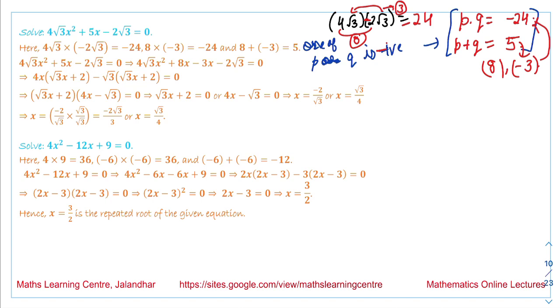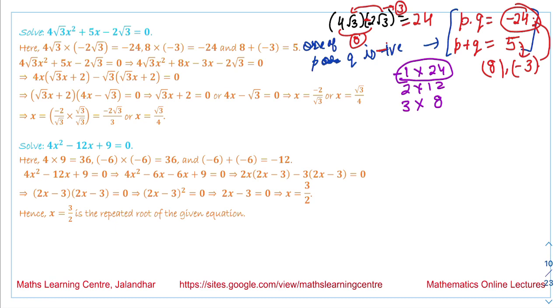So how are we calculating 8 and 3? We write the factors of 24: 1 into 24 is 24, 2 into 12 is 24, 3 into 8 is 24. If we consider one of them negative, we want this sum, and the negative term should be the smaller one.